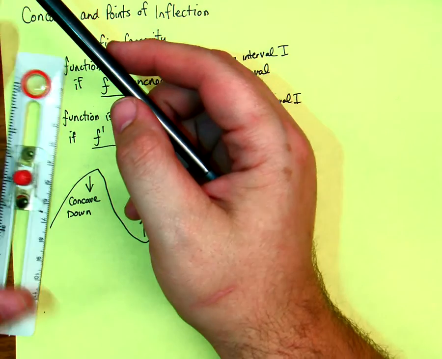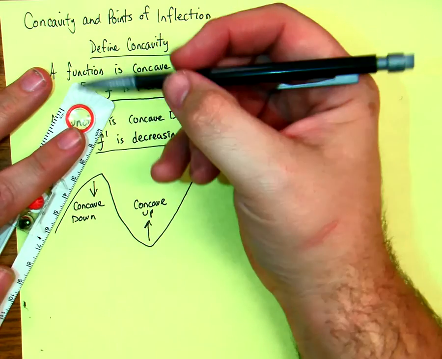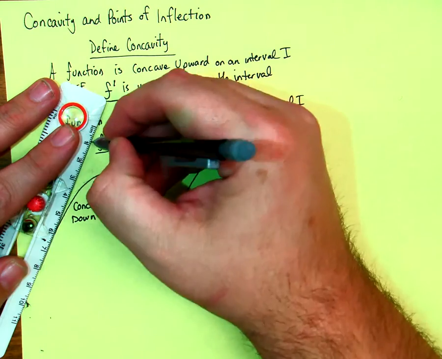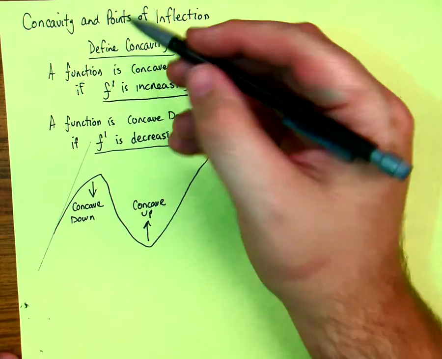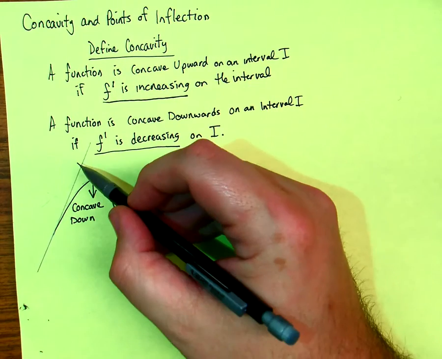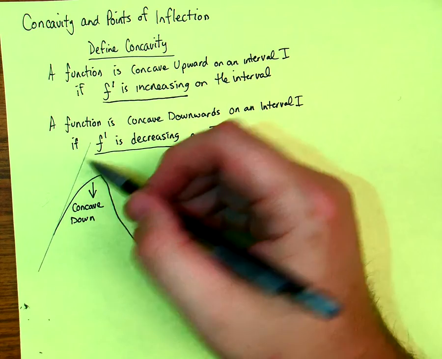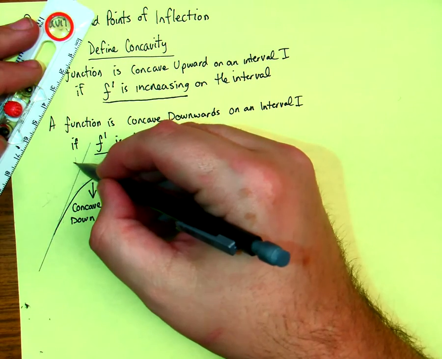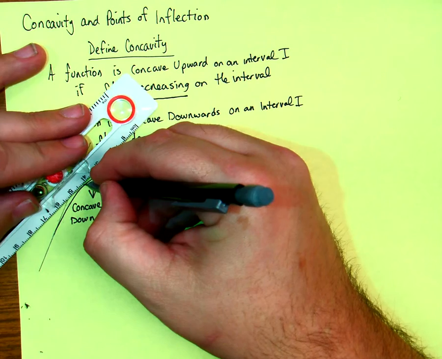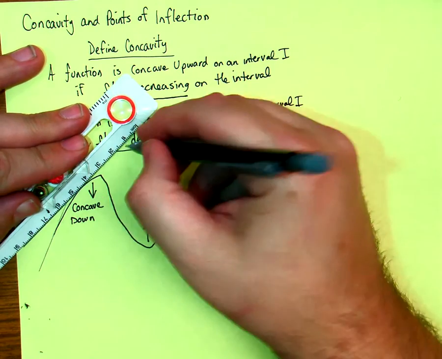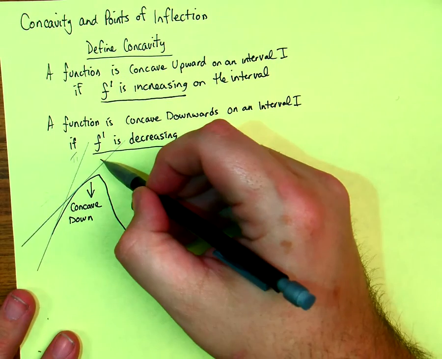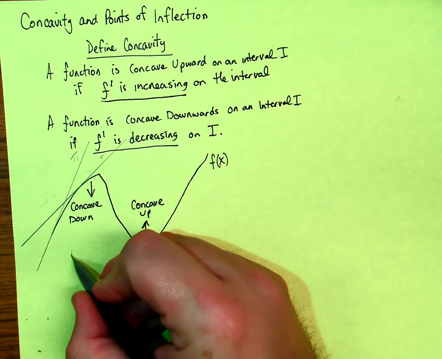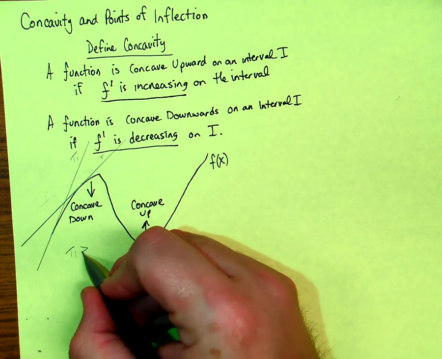All right, so now there's a tangent line. Now I'm going to put another tangent line here. So I'll say that's tangent line 1. There's tangent line 2. Which one has the bigger slope? So T1 is greater than T2, right?